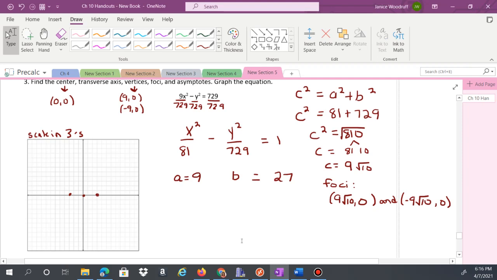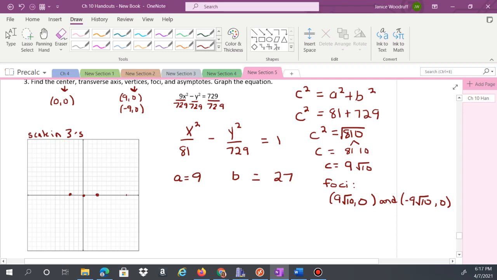28.5. All right. So let's see, 3, 6, 9, 12, 15, 18, 21, 24, 27, 28, maybe right there, roughly right there, and then go this way here.